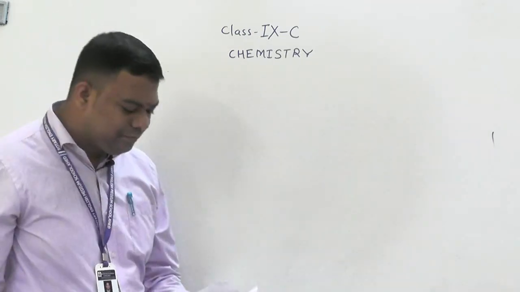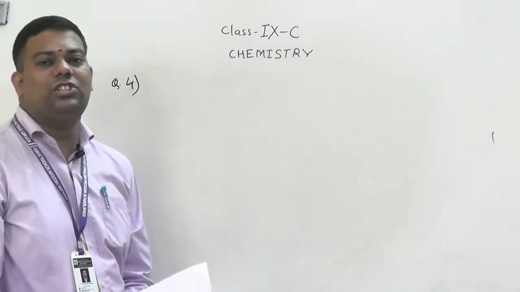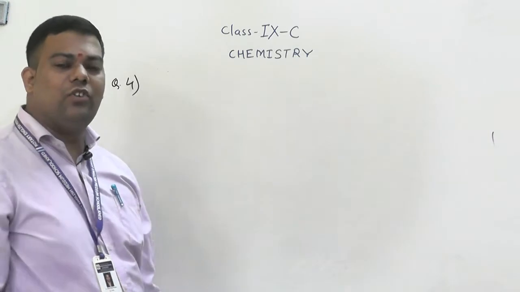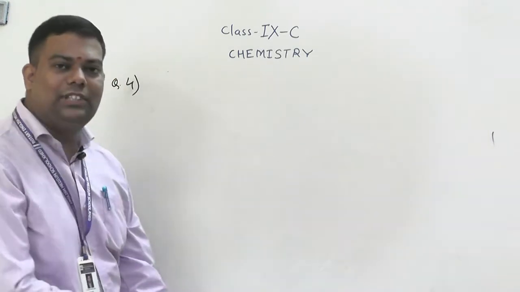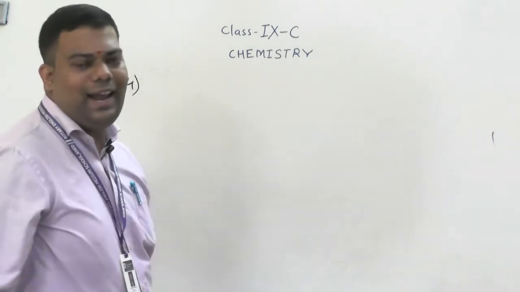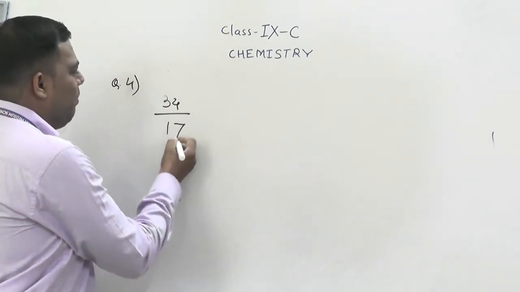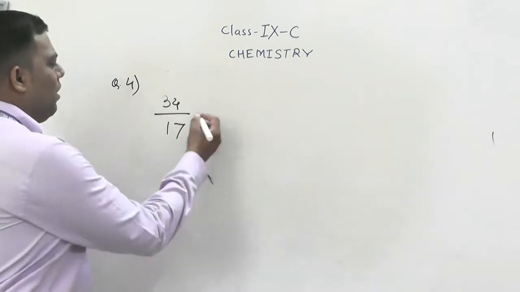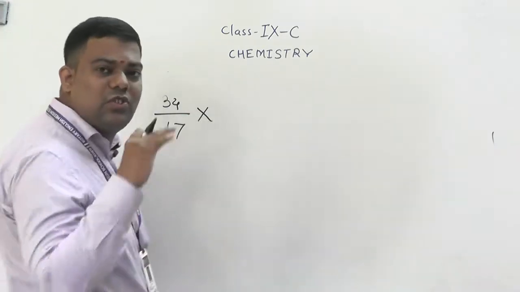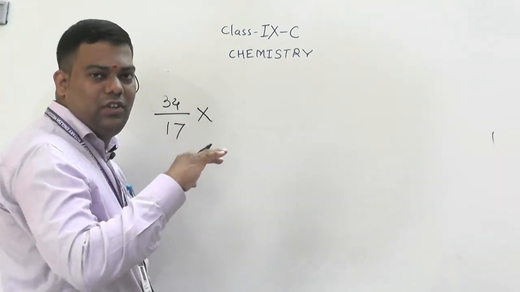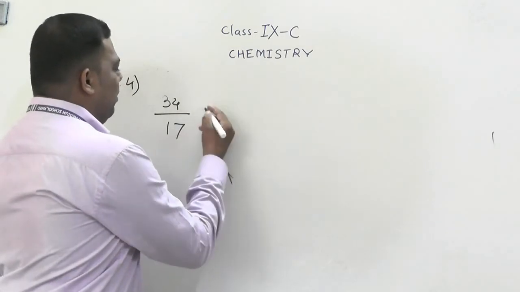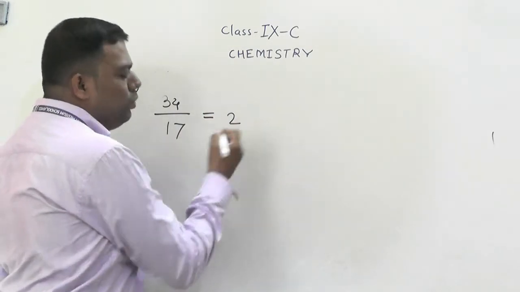So see here, 34 gram of NH3 at STP. First you have to calculate the number of moles. The weight of substance is given in gram, so 34 divided by 17, that is the number of moles. How much? Yes, 2.